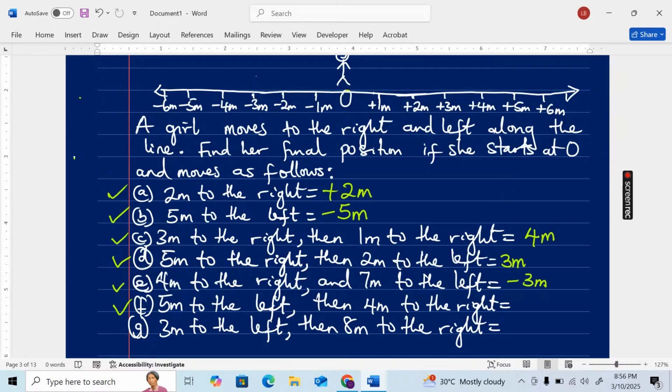Michelle, -1 meter, you have 5 points. Sarah, 5 points. Johnson, 5 points. Faithful, 5 points. Enoch, 5 points. Favor, 5 points. Akachuku, 5 points. Okay.